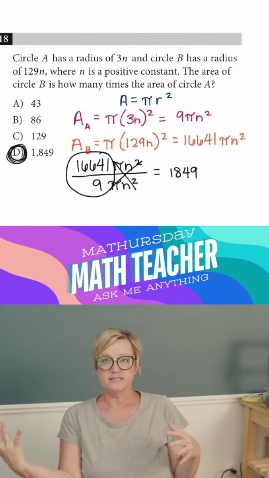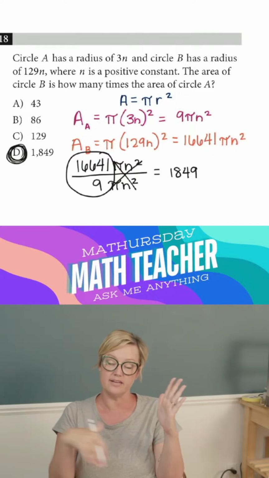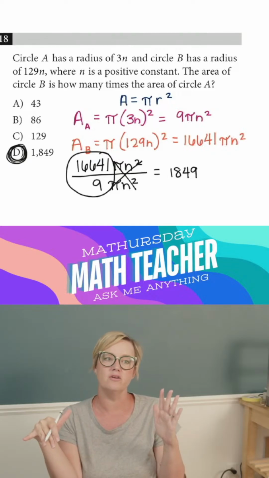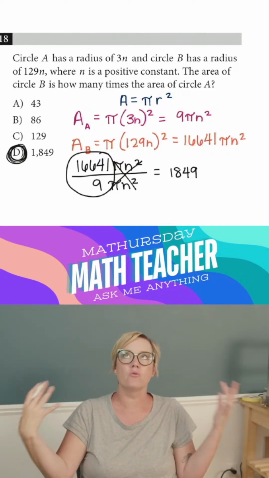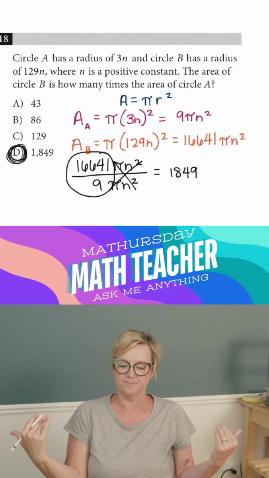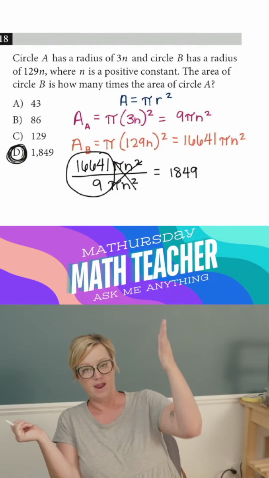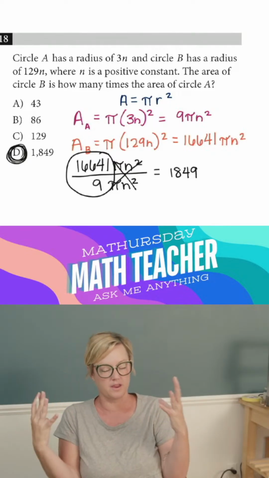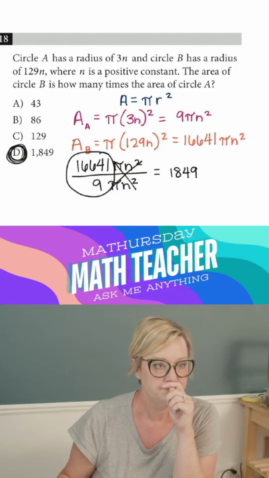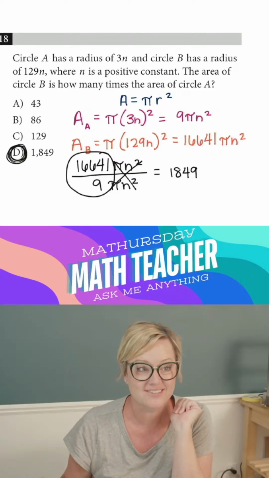With area, you're multiplying the two side lengths together, so the relationship is not direct. It wouldn't just be 43, because it's 43 by 43, right? That's how much it's changing. You kind of think about it that way, right? Okay, so I would get 1849, so that's D.